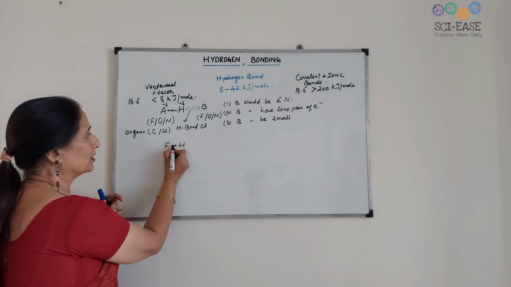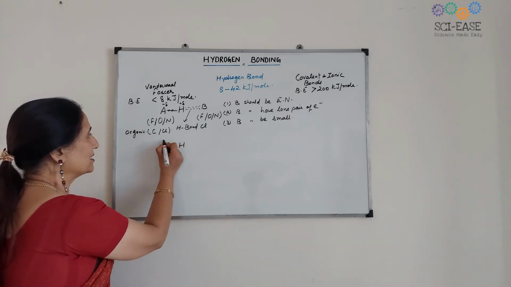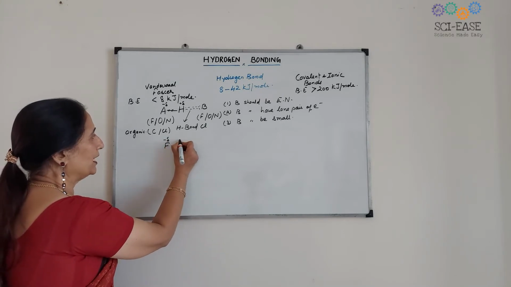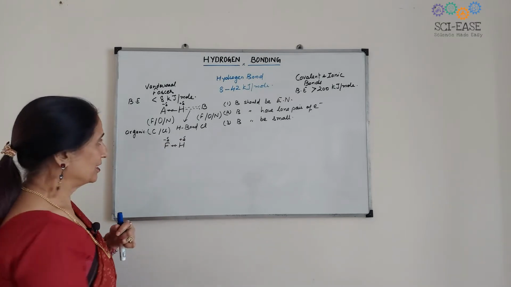The shared pair of electrons will shift more towards the fluorine, and as a result, there is a partial negative charge on the fluorine and a partial positive charge on hydrogen.